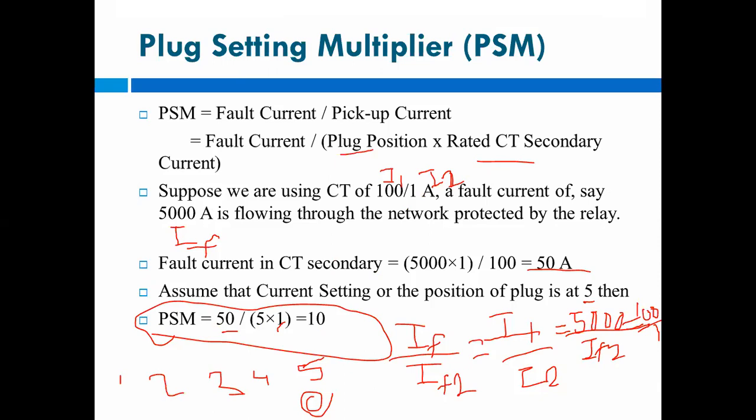The formula for the plug setting multiplier is equal to fault current divided by pickup current, and pickup current is equal to plug position into rated secondary current. So by using this formula you can solve the examples. We have also seen other examples, right?